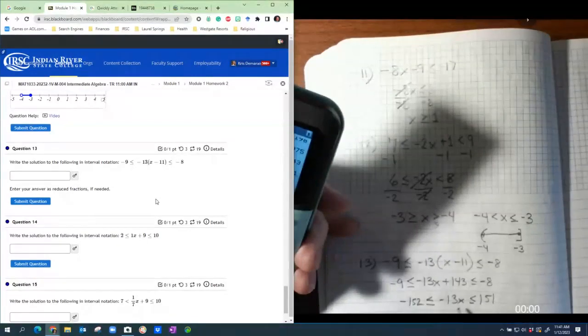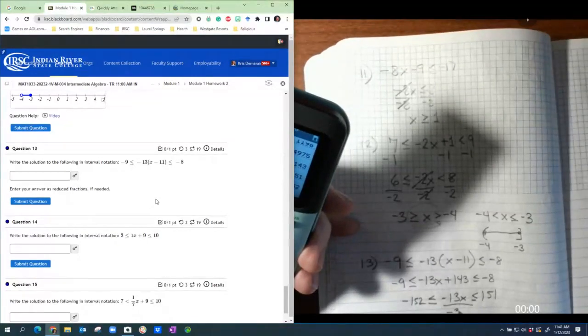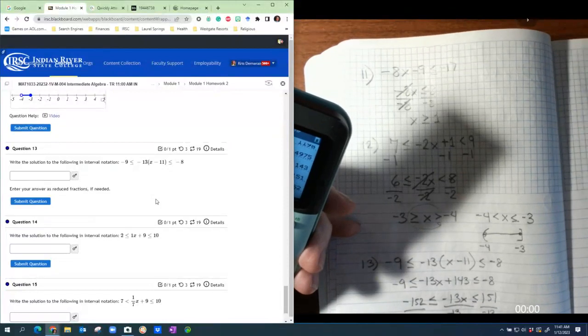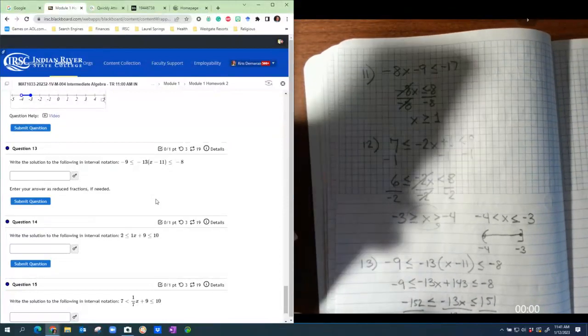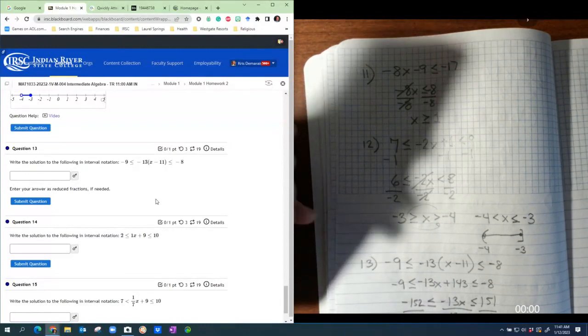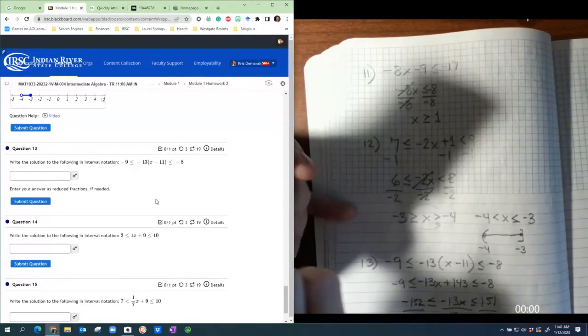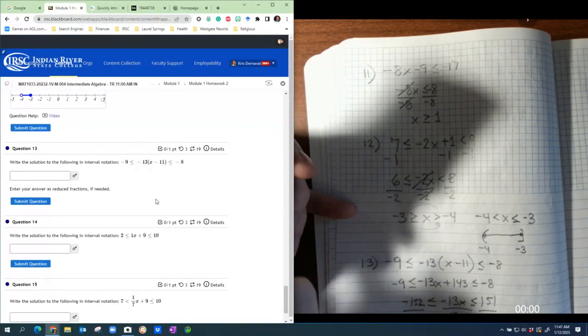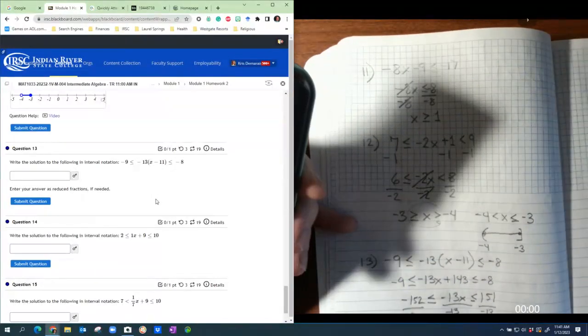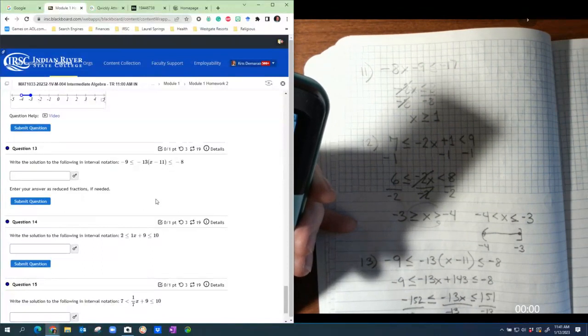All right, and then I'm going to divide both sides by negative 13. That's going to switch the inequality. Now that's not going to go in evenly, so I'm going to make sure I have it in most reduced form, but this is going to give us positive.